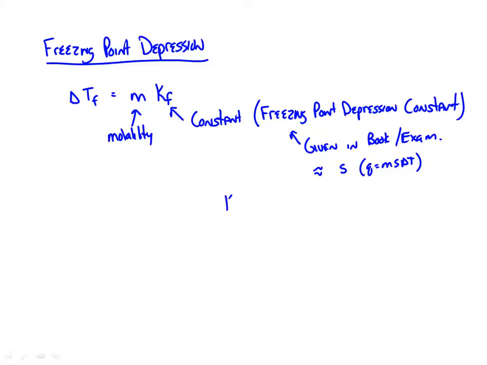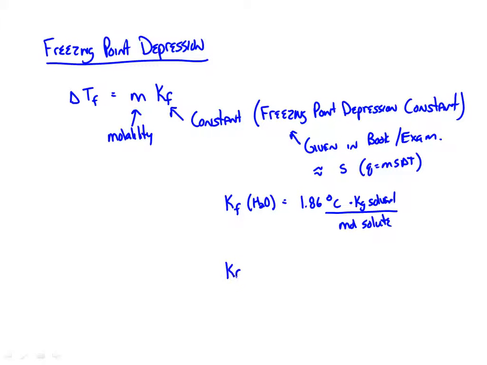So for instance, Kf for water is equal to 1.86 degrees Celsius per kilogram of solvent all over moles of solute. So notice that it has a bunch of units with it because they have to cancel out.